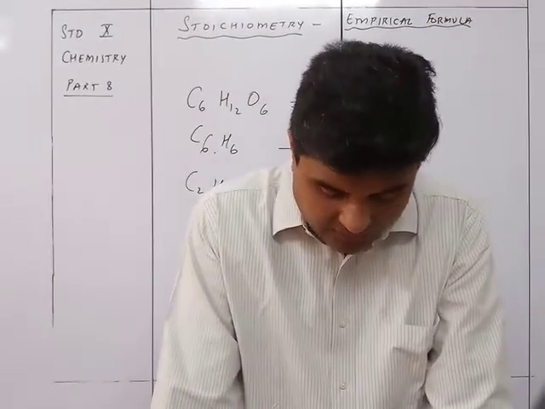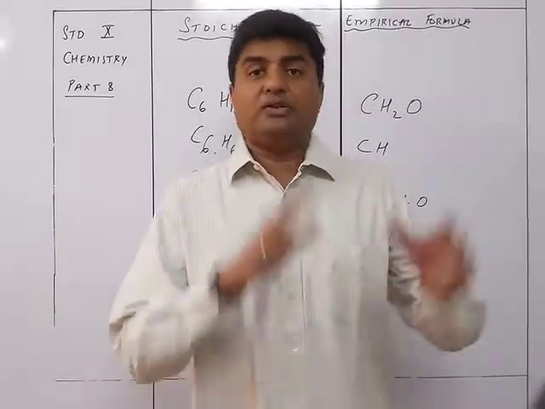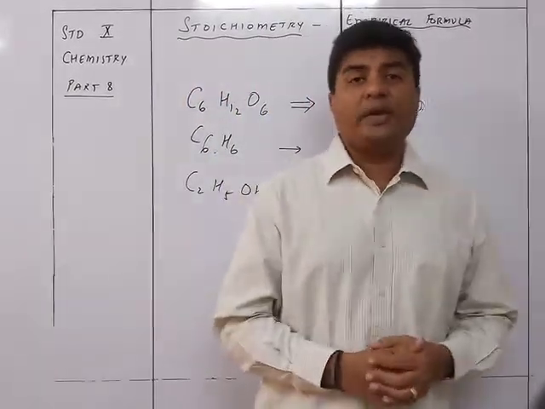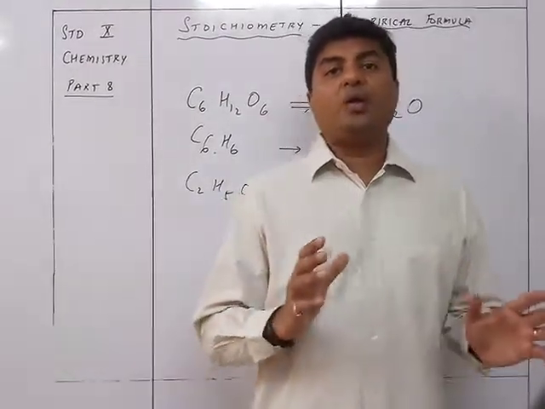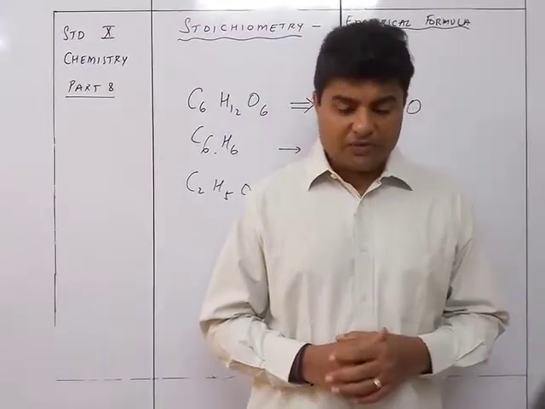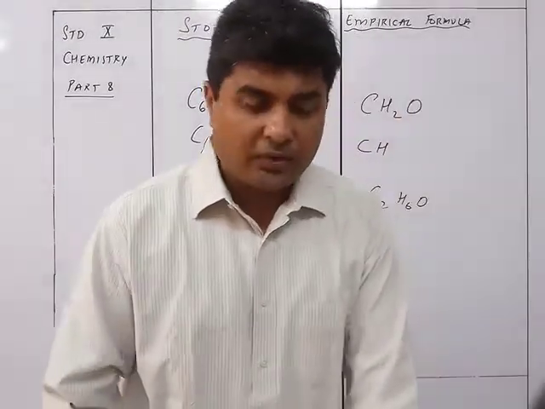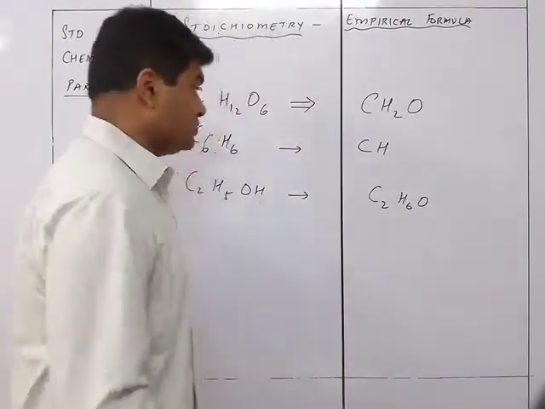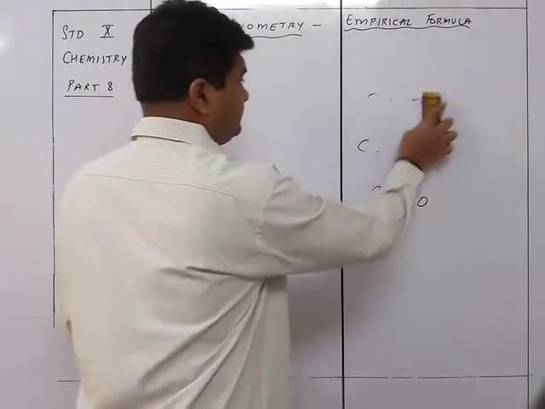The sequence of that table is very important. If you remember this table properly, then you will not go wrong in finding the empirical formula. So let's see how to find the empirical formula of a particular compound. We will take the same example taken in the textbook.